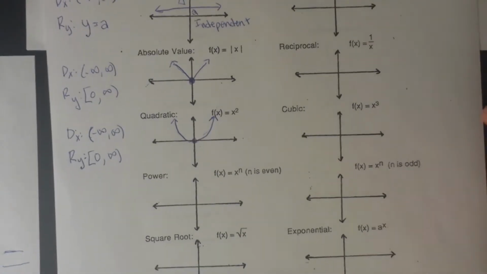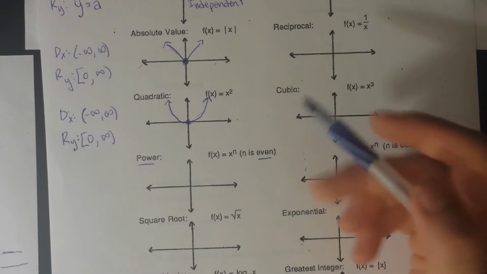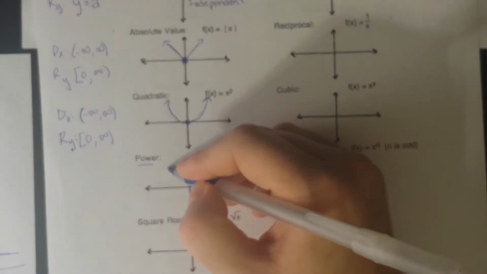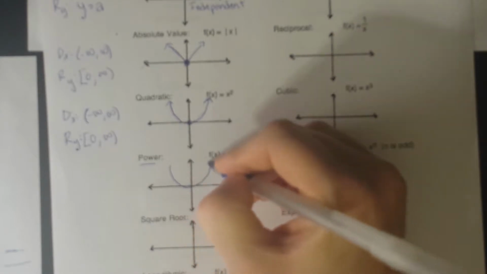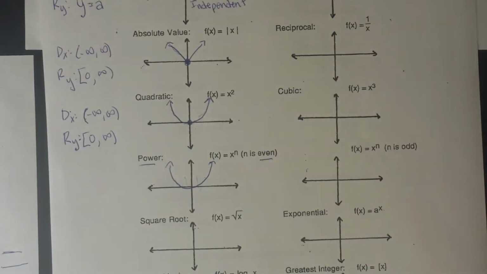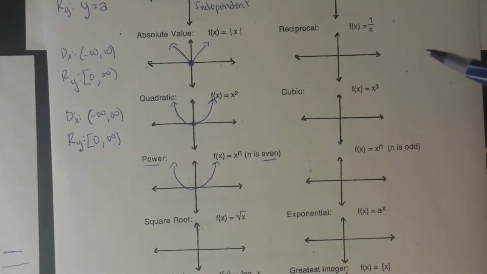Now, quadratic is also what we call a power function that is even. So all power functions that are even have a basic parabola shape. They might have some squiggles in the middle, but essentially they are a U shape overall.